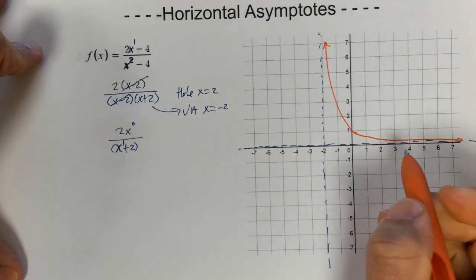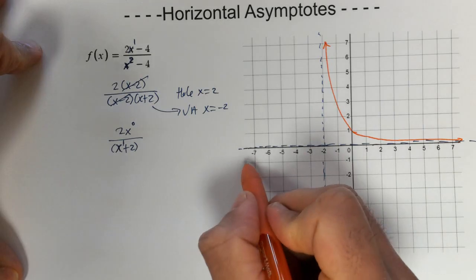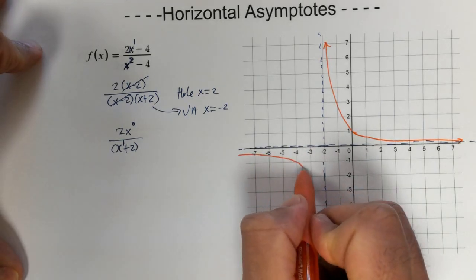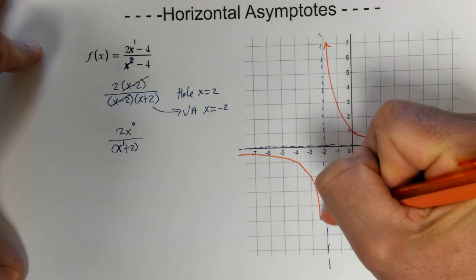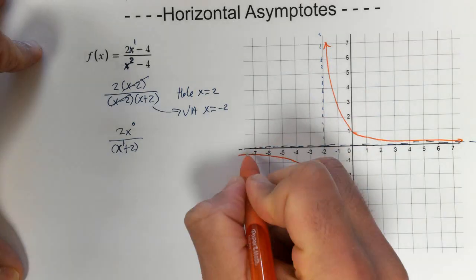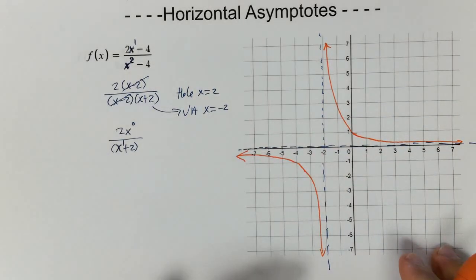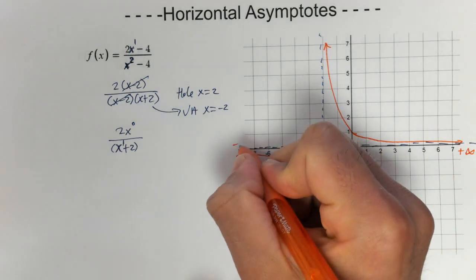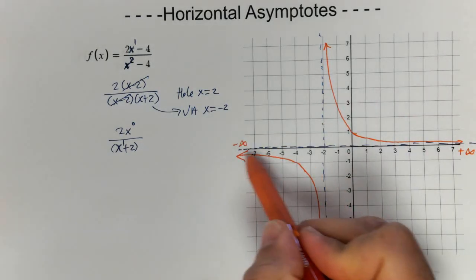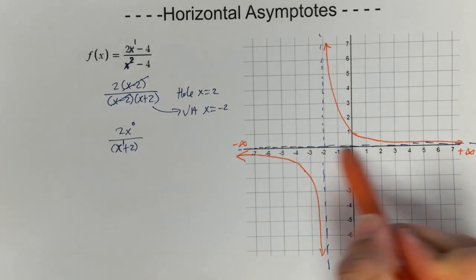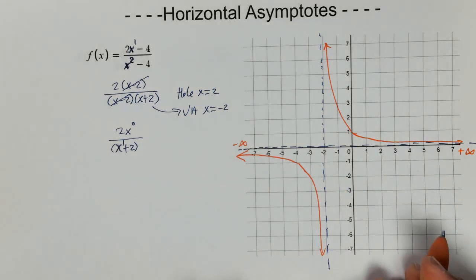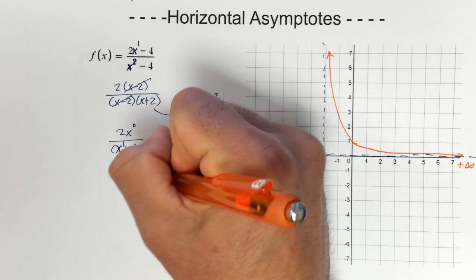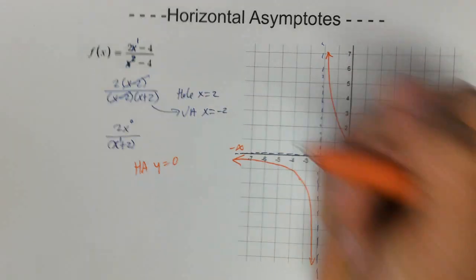And then over here, very similarly, it'll go downward to approach the vertical line and approach the horizontal line. So what happens as the function goes to positive infinity and negative infinity? It's going to approach 0 as y, as the output. Right? So my horizontal asymptote is y equals 0.